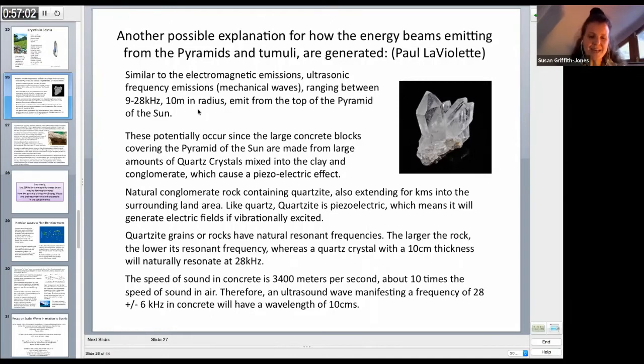The speed of sound in concrete is 3,400 meters per second, which is about 10 times the speed of sound in air. Therefore, an ultrasound wave manifesting a frequency of 28 plus or minus 6 kilohertz in concrete will have a wavelength of 10 centimeters. So bingo, this is something very interesting.